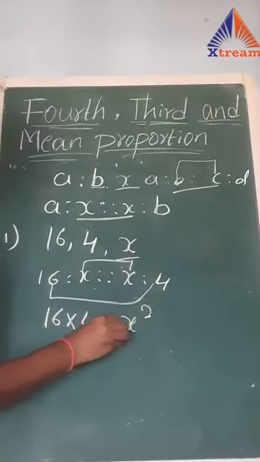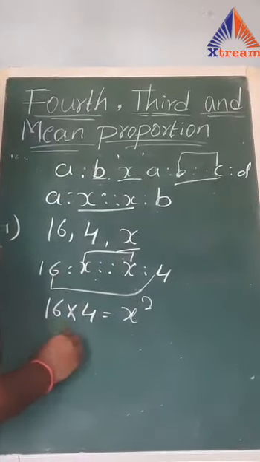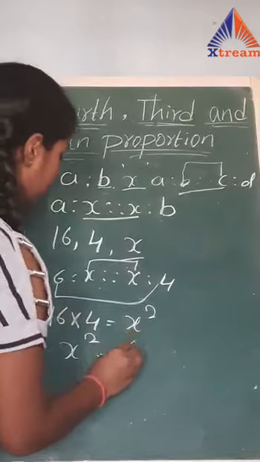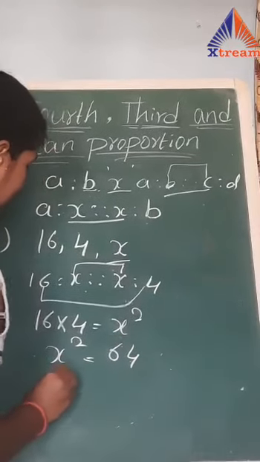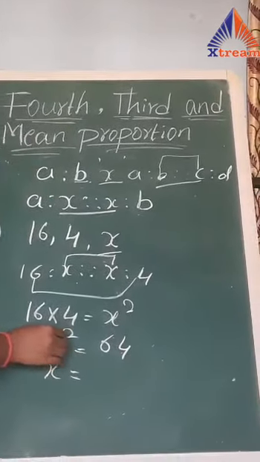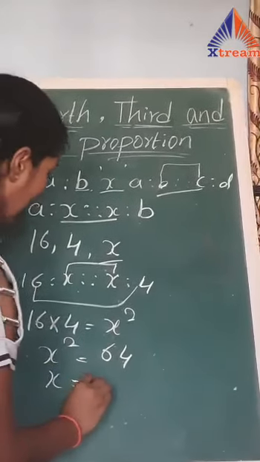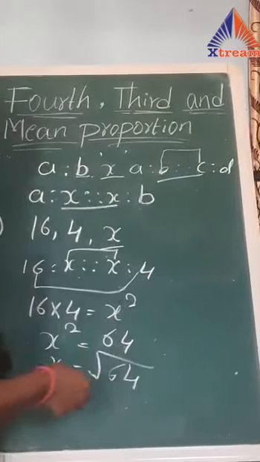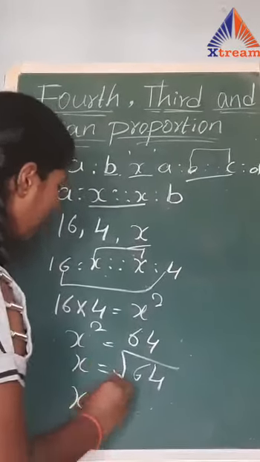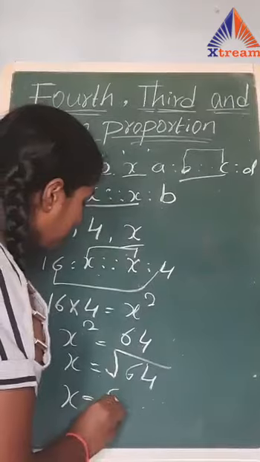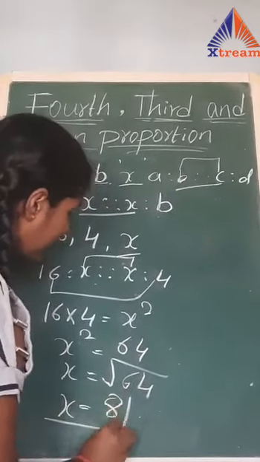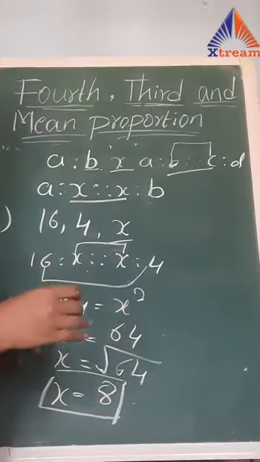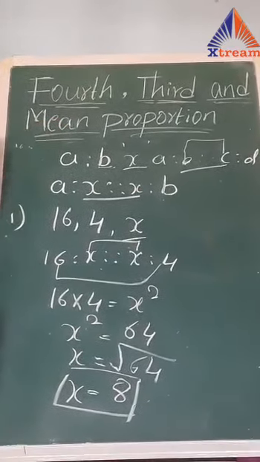So x squared is equal to 64, since 16 fours are 64. The square is transferred to the other side as a square root, so x is the square root of 64, which is 8. So the mean proportional here is 8. This is all about mean proportional.